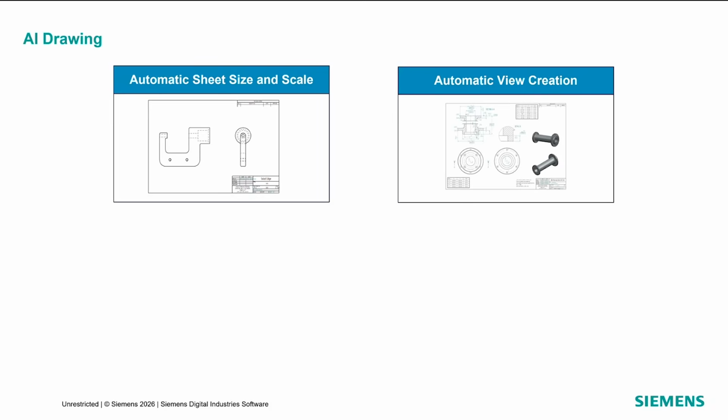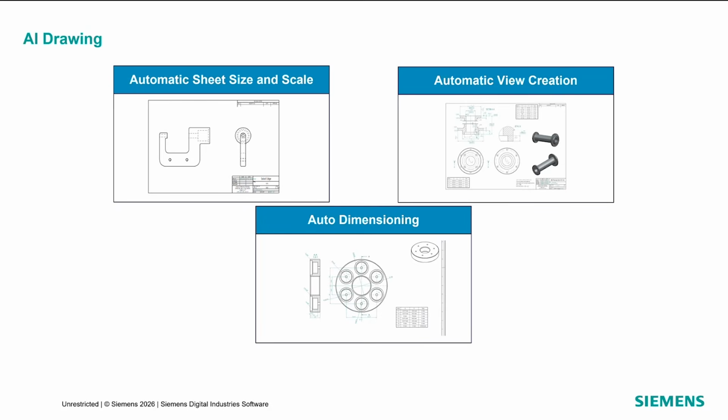It will automatically create the needed views for you, whether it is 2 views, 3 views, depending on how many dimensions have to go on the model, whether it is the pictorial view or the broken views or so on, it can automatically create those for you. And finally, one of the most important parts, it will use AI to auto-dimension the model for you based on the needed dimensions on the specific model that you select this command for.